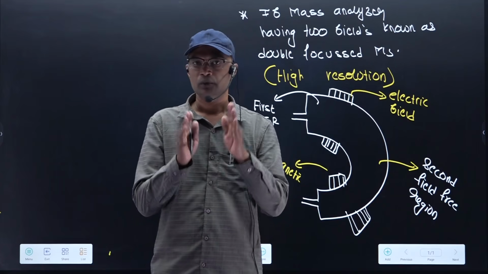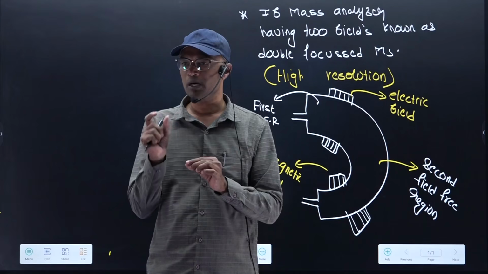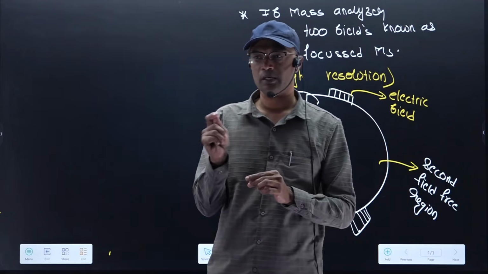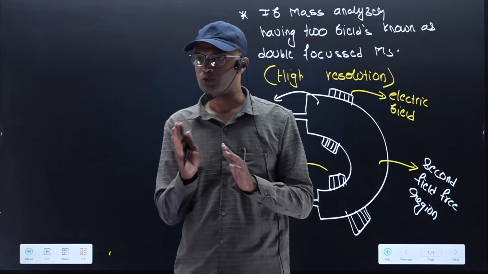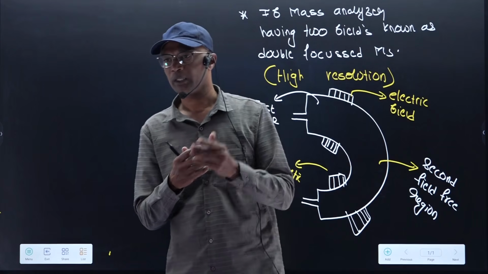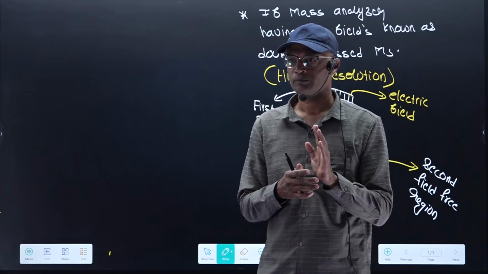Here, remember one key point: the ions produced in the mass analyzer are different. But right now we discussed only the ions produced in the ionization chamber, which are simple ions.